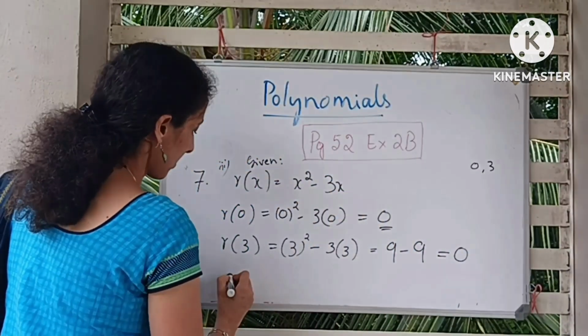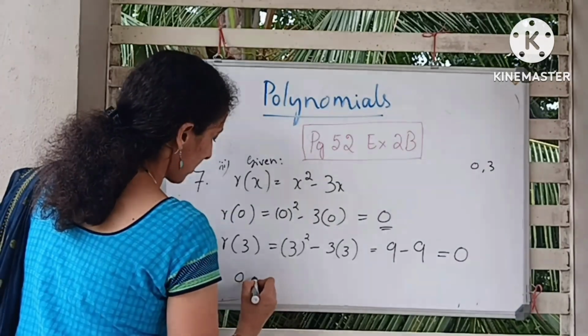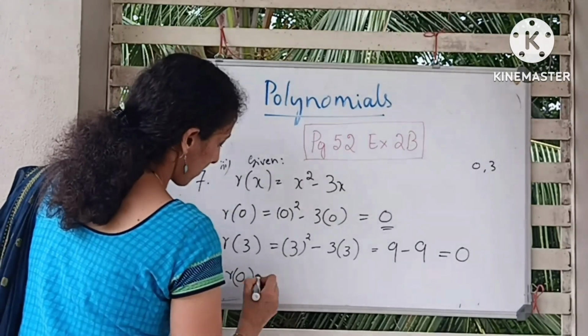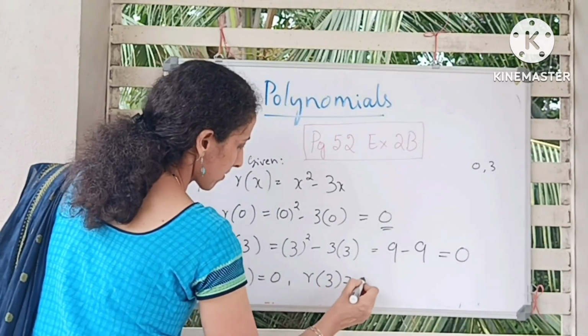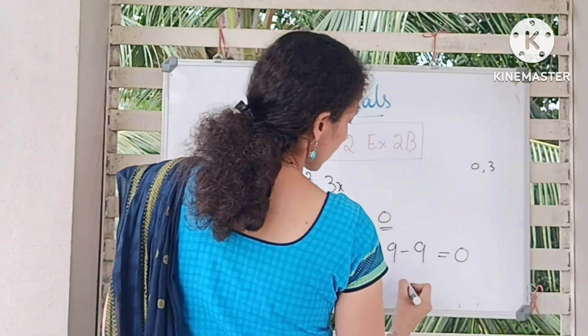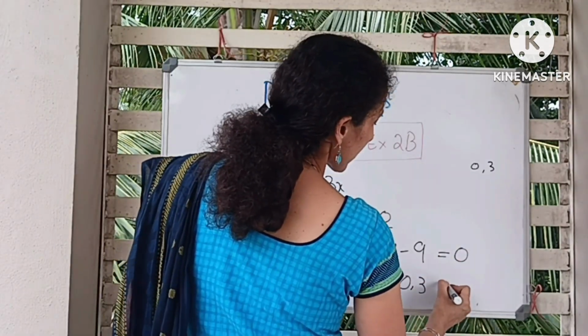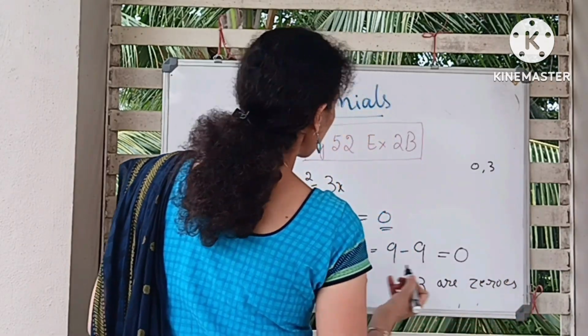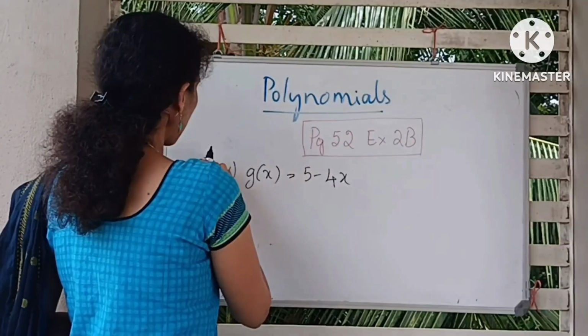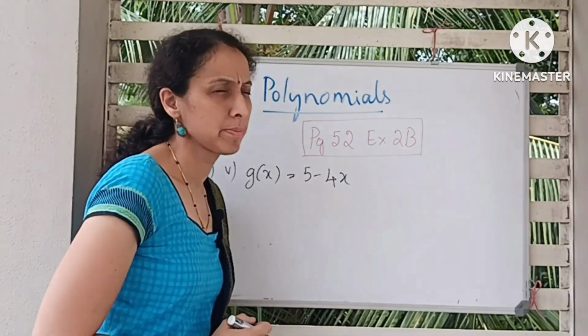That is why r of 0 equal to 0 and r of 3 equal to 0, which means 0 and 3 are the zeros of the polynomial.